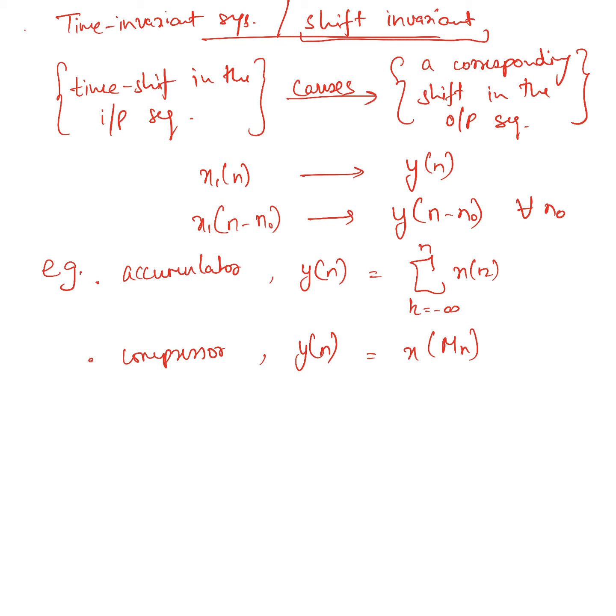I'll tell you the answer: the first system is TSI, but the second system is not TSI, time shift invariant. TSI stands for time shift invariance. So do this as homework. If you are not able to determine why the first system is time shift invariant and the second system is not, then you may email me or the TA of the course.